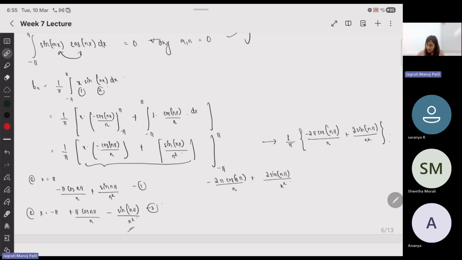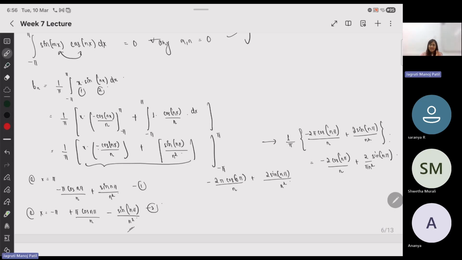You insert the terms inside, so that makes it negative 2 cos n pi by n plus 2 by pi n square of sine n pi. Okay, this is the one you have.